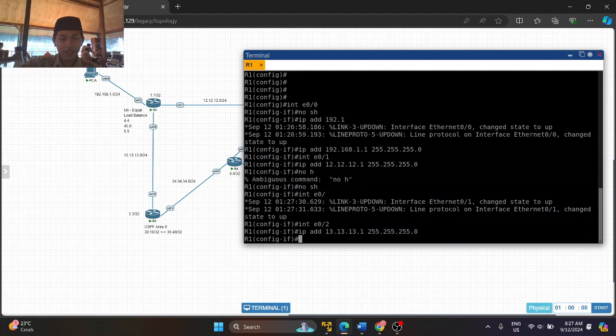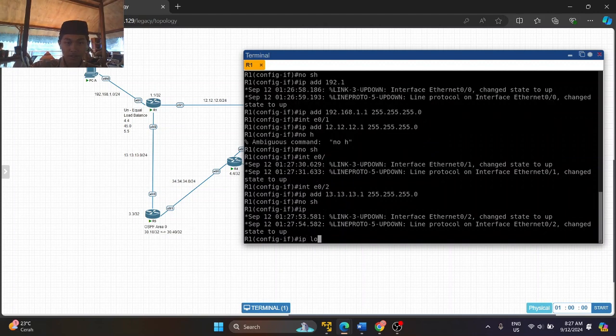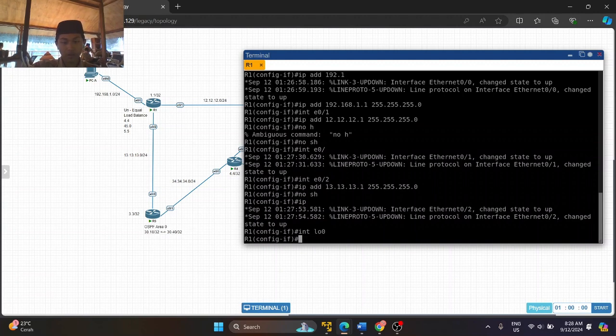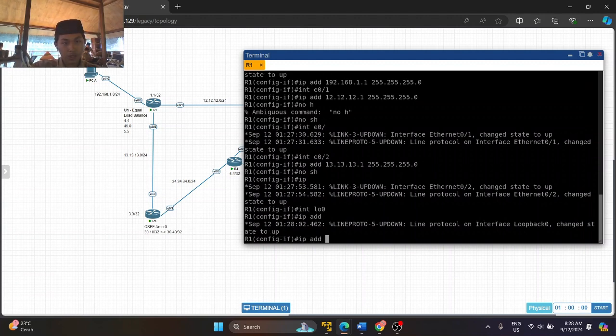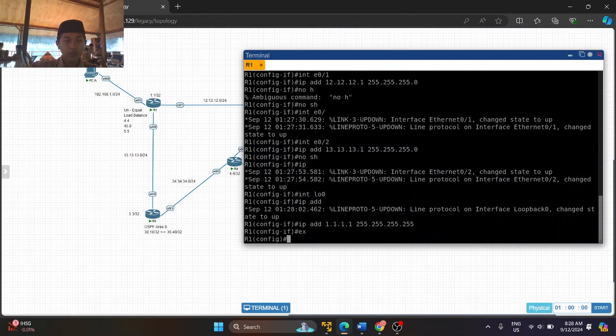Okay, then let's add the interface loopback. We forgot to turn it on. Then let's move to the loopback IP address 1.1.1.1, net mask. Okay, we are all set.